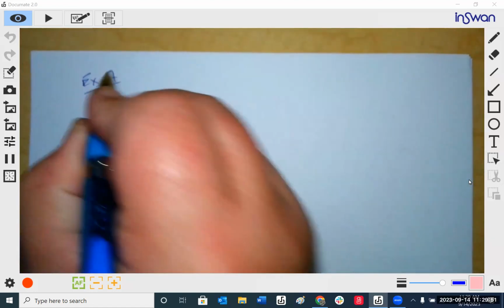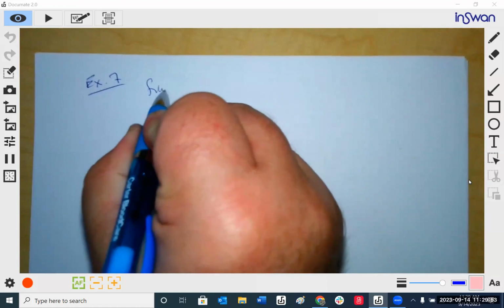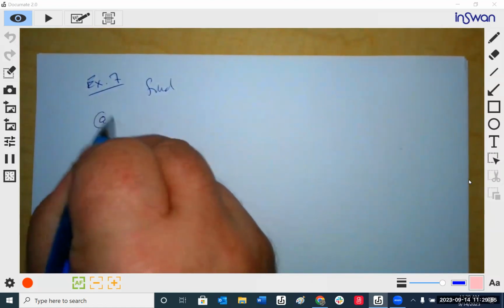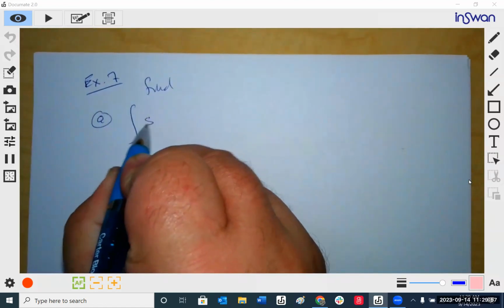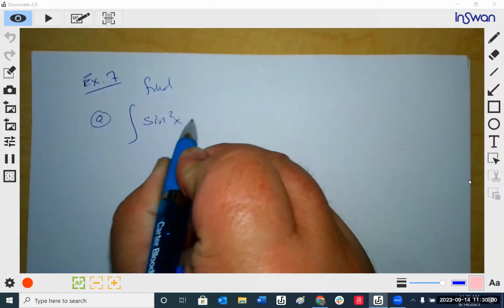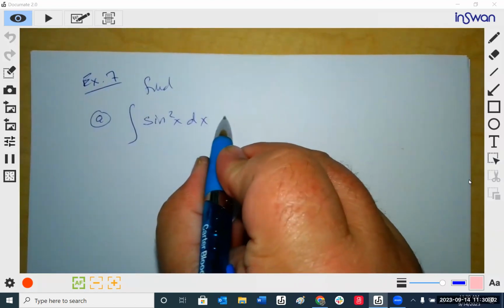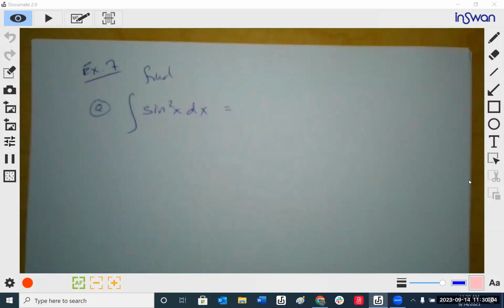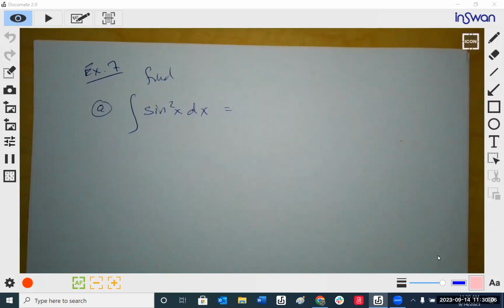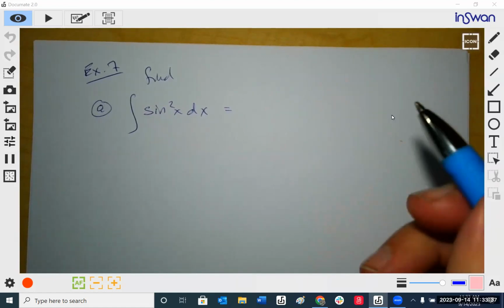Example 7. Find the integral of sine squared x dx. What's the first thing you're going to do?